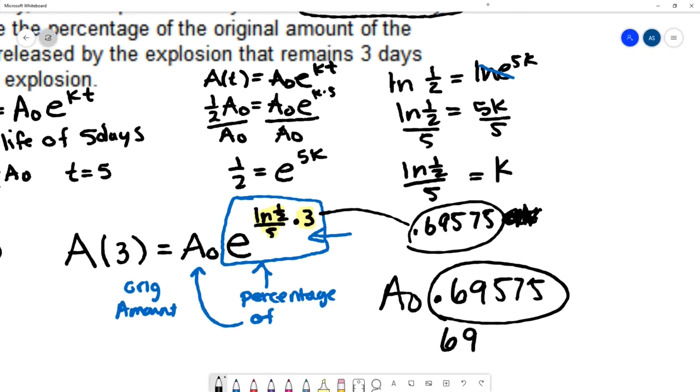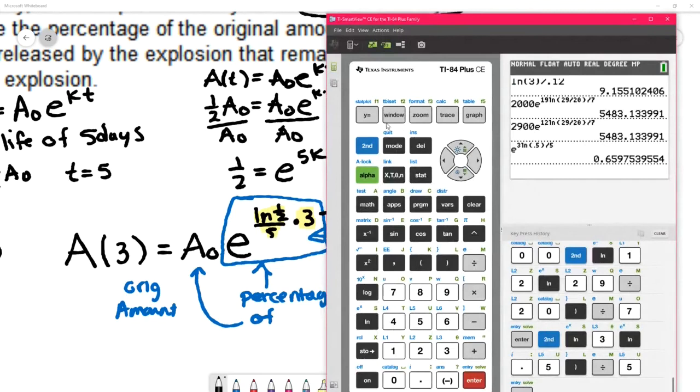So we have 69.575, and let me just look at what the directions say about rounding. It says, do not round until the final answer, then round to the nearest whole number. So let me look at my calculator real fast.